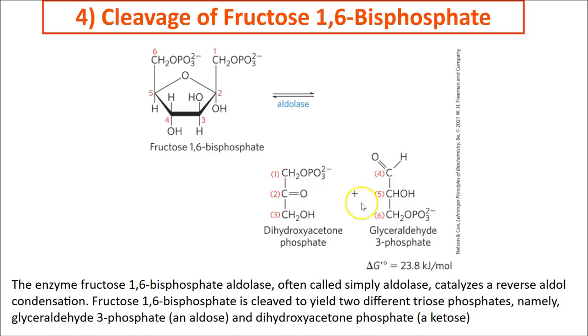And notice that for these two carbohydrates, one is an aldose and the other is a ketose. It utilizes the enzyme aldolase, and once we have these 2 molecules, eventually the dihydroxyacetone phosphate will end up being glyceraldehyde 3-phosphate, where we end up having 2 of these instead of just 1.